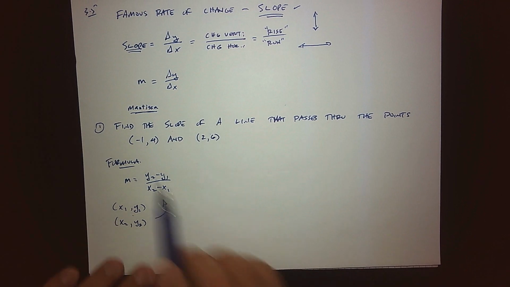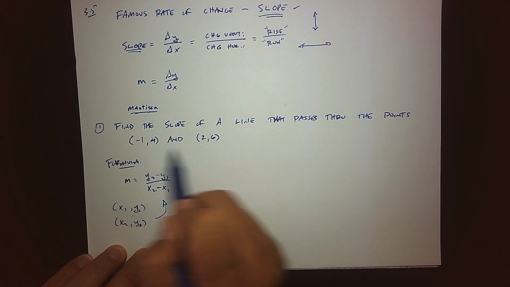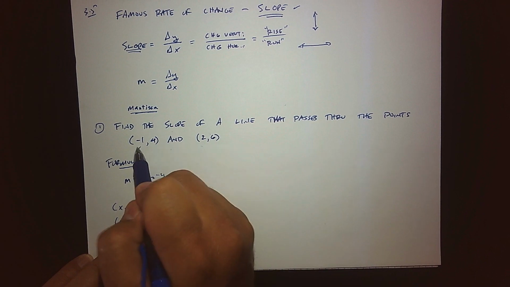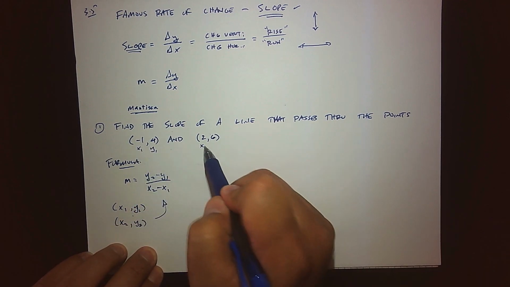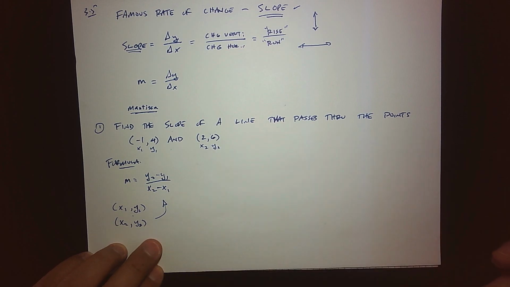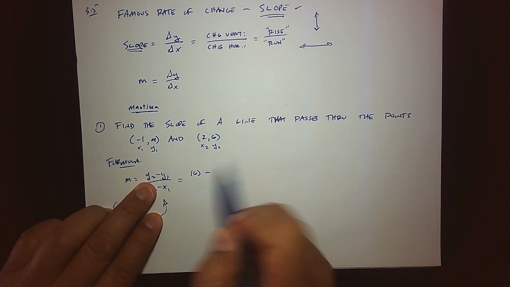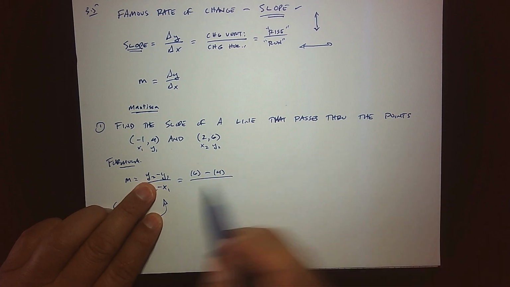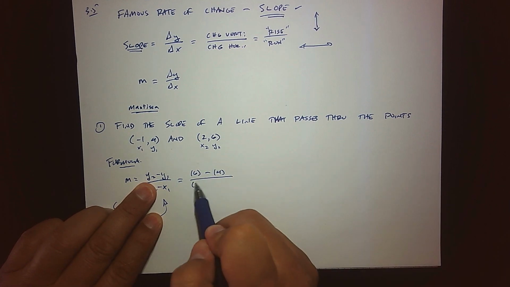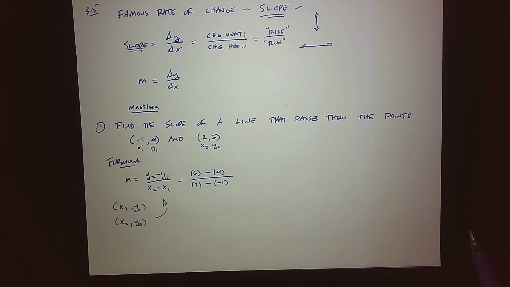So if I was going to use the slope formula to find the slope, I'd have to identify who I want to be the first point and the second point. Well, why don't we just go in order? So there's x1 and y1, which makes that x2 and y2. Plugging in my information, my slope would be my y2 value, 6, minus my y1 value, 4, and then on the bottom it's my x2 value, 2, minus my x1 value, -1.